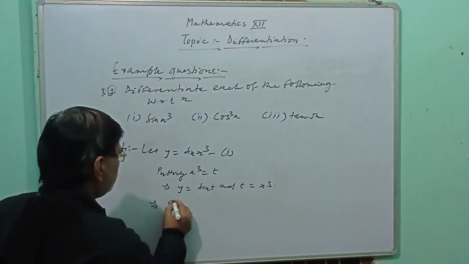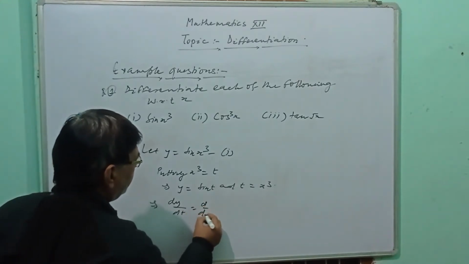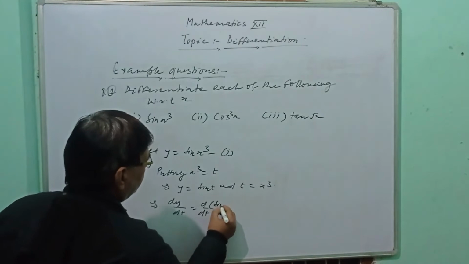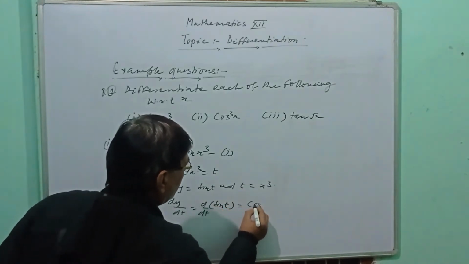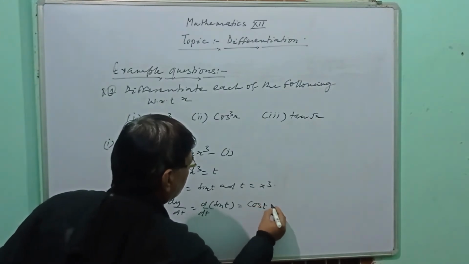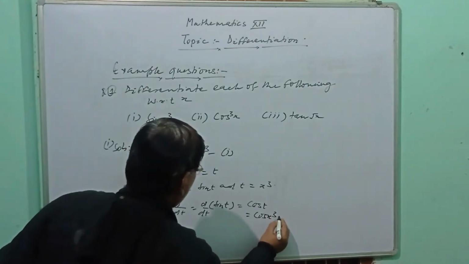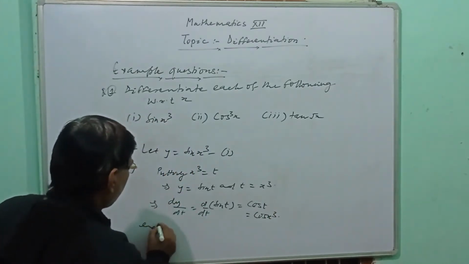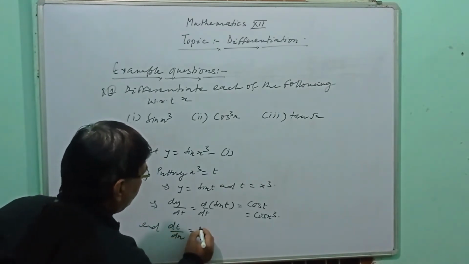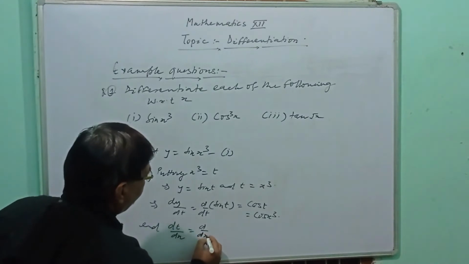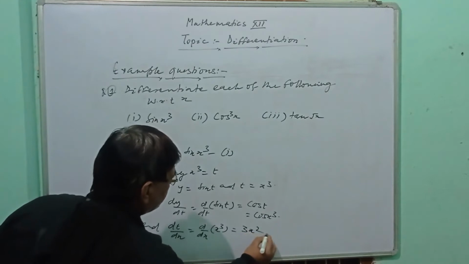This implies dy by dt is equal to d by dt sin t, which is equal to cos t, and this is equal to cos x cube, and dt by dx is equal to d by dx x cube is equal to 3x square.